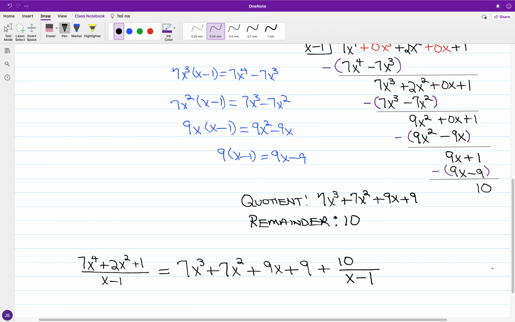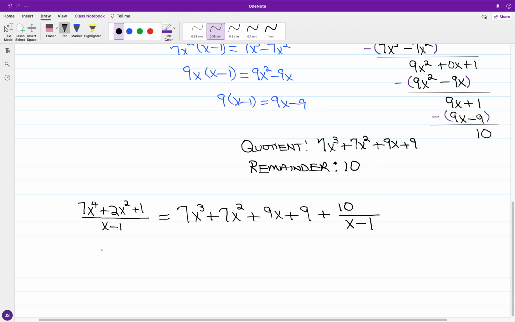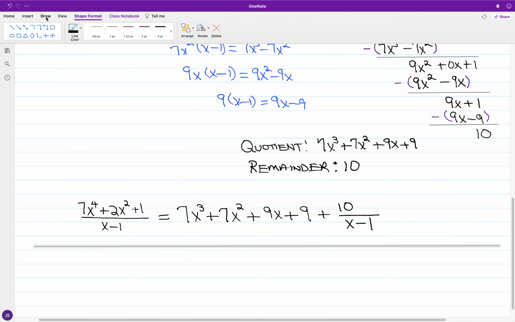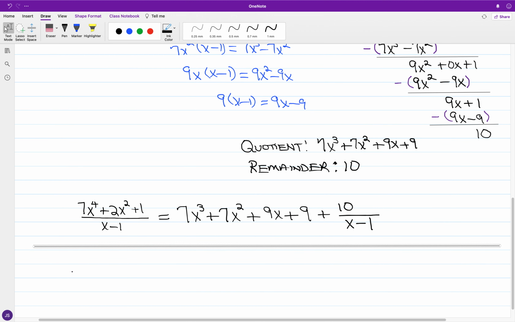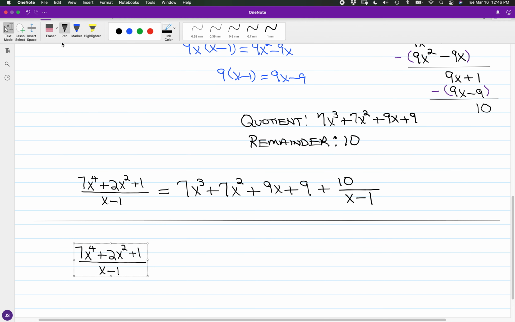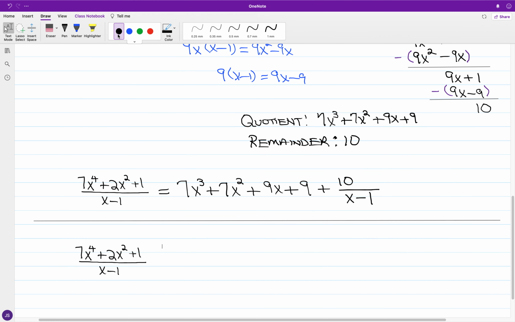Now, this is long division. Now carrying over to what we have in the context of synthetic division. So this is a long division, and I'm just going to restate the long division setup.